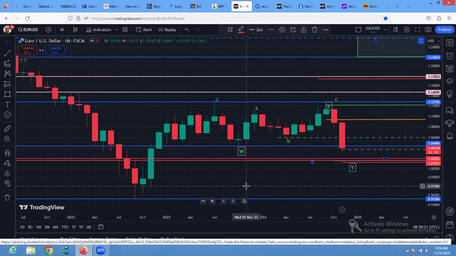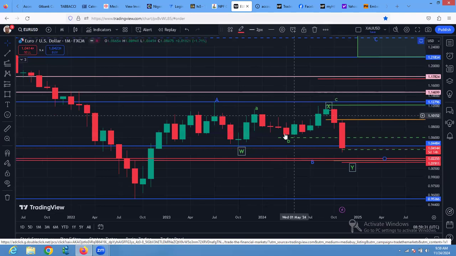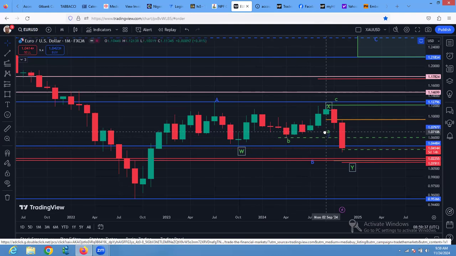Now, having said that, we saw this as an A and a B on the monthly. So we saw this as an A here, a B here, and we're going to turn to a C here. Let me change the color.